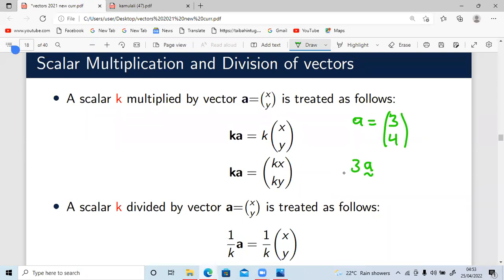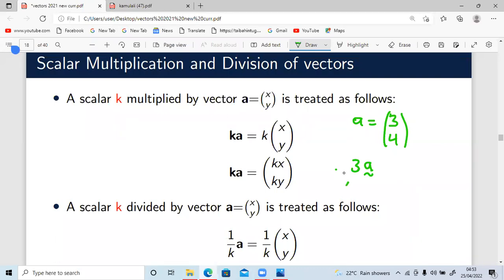A scalar can make something bigger or smaller. It can magnify or enlarge it, and at the same time, it can make it very small. So a scalar is just any number that can multiply a vector.